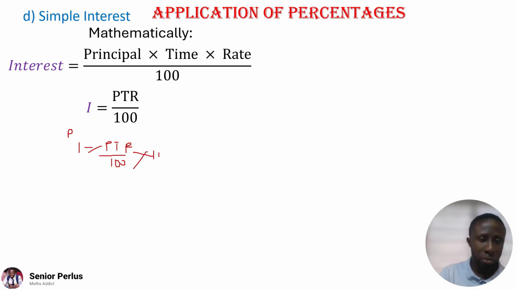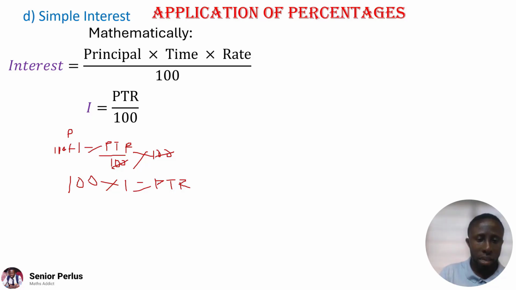I always told you to get rid of the denominator so that you can solve the question. So multiply both sides by 100. This will cancel, this will cancel. Now we have 100 times the interest equals PTR.